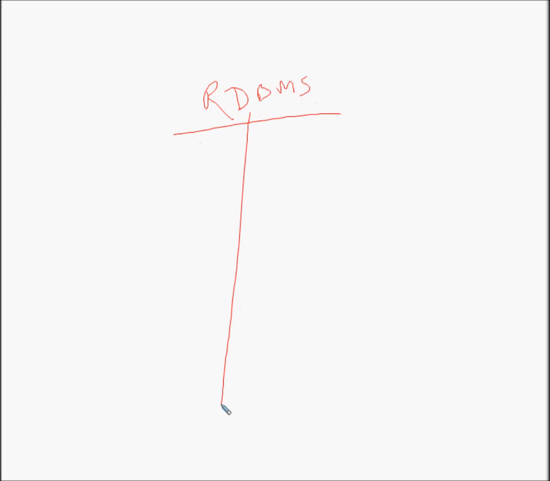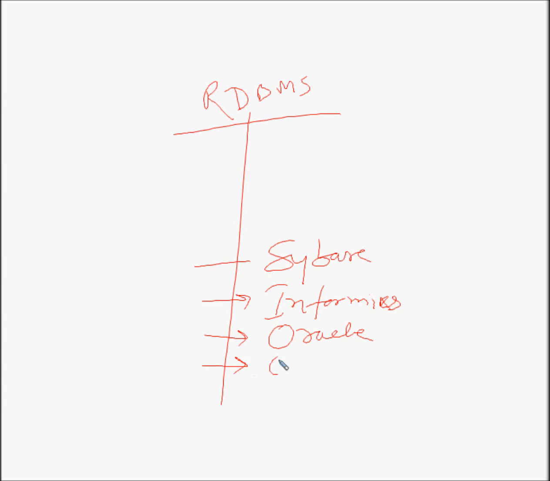So here I just write, let us say I have Sybase from Sybase Incorporation, Informix from Informix Incorporation, right? And then we are having, let us say, Oracle from Oracle Corporation, right? Microsoft SQL Server from Microsoft, right?